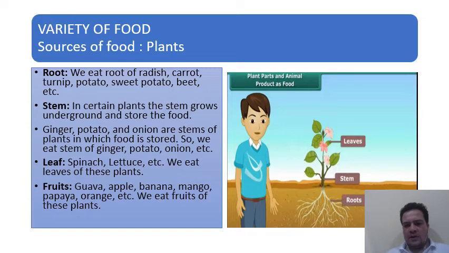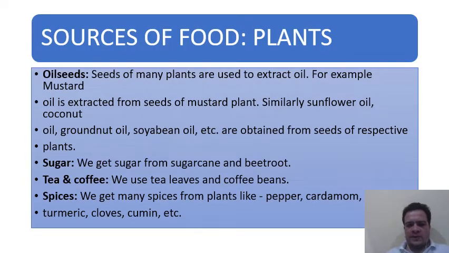Certain more examples are given, like oil seeds. Seeds of many plants are used to extract oil. For example, mustard oil is extracted from the seeds of the mustard plant. Similarly, sunflower oil, coconut oil, groundnut oil, soybean oil, etc. are obtained from seeds of respective plants. Sugar, we get from sugarcane and beetroot.